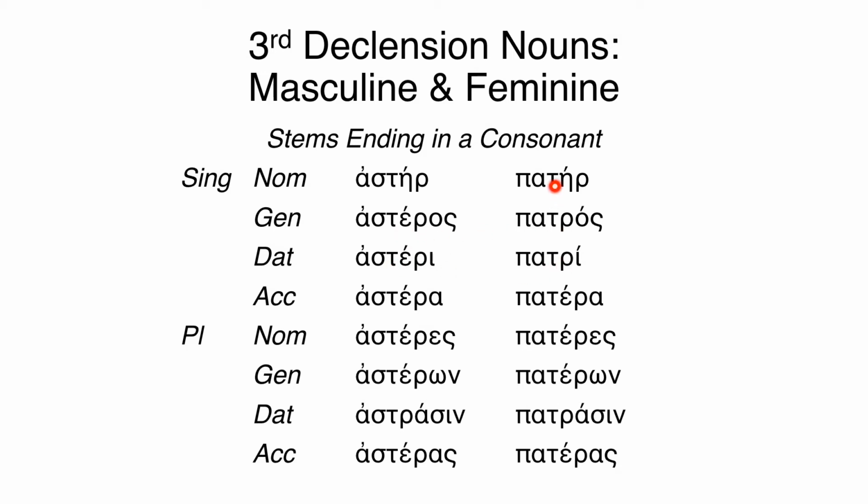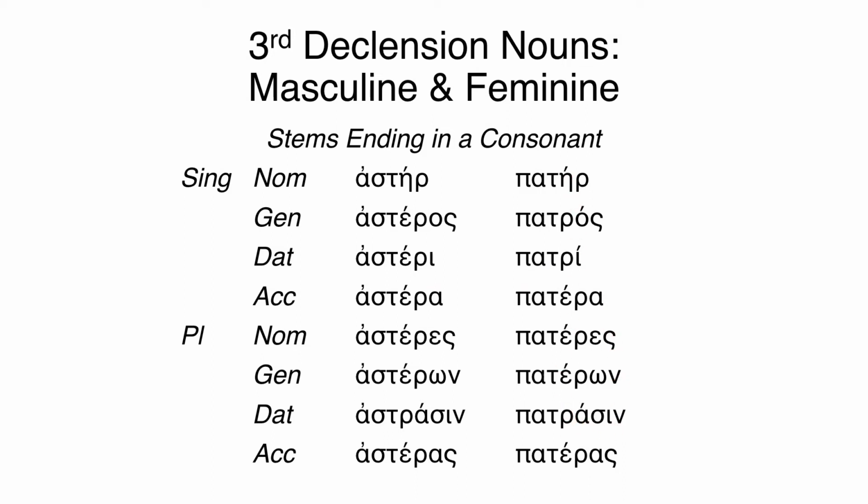So you'll notice that the nominative singular form is the same ending, but the genitive singular form, instead of asteros, we have patros. The epsilon is not there. Instead of asteri in the dative singular, we have patri. Otherwise, we see the same formation.